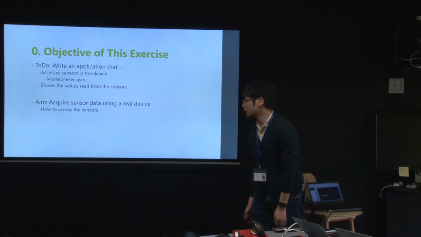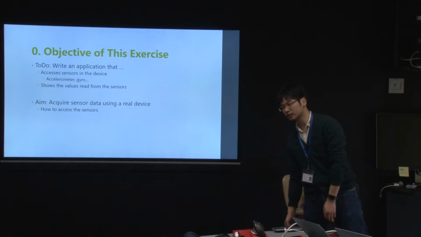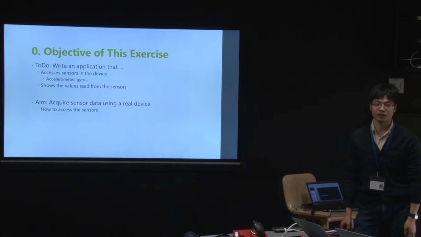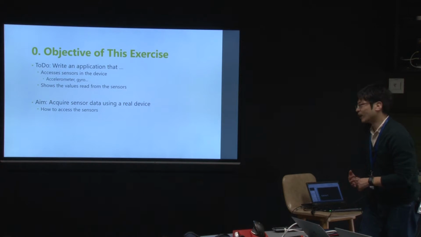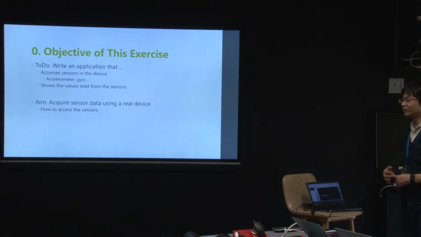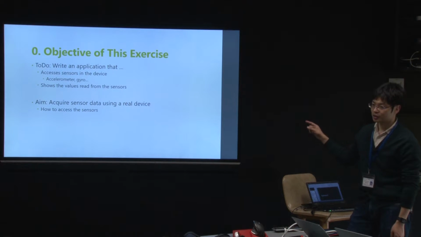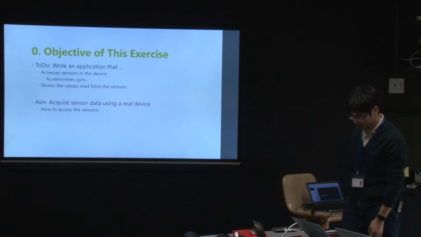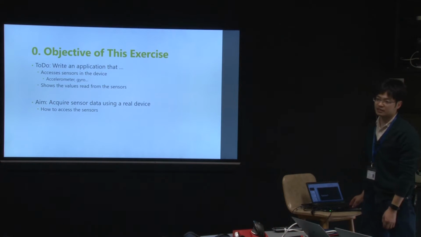The aim of this exercise is to acquire sensor data using a real device. Because this is the RWDC program, you need to acquire the data first, and next analyze it and find something from the data. This is just a start point of the RWDC, just starting with reading the sensor data.